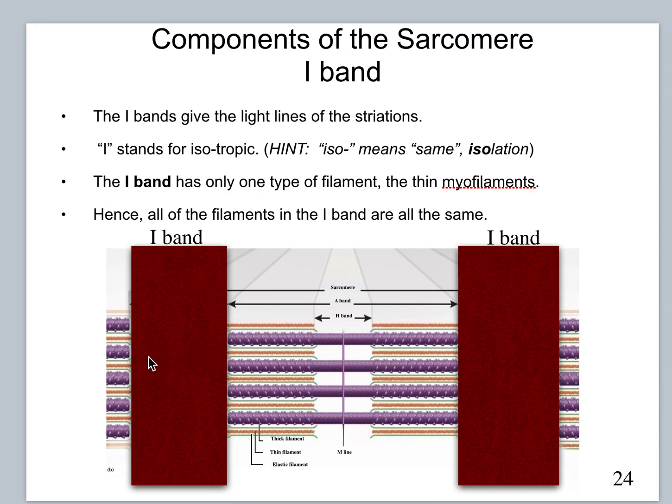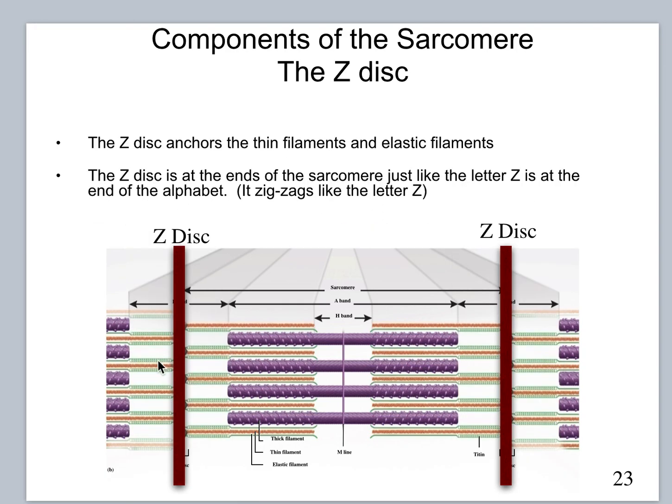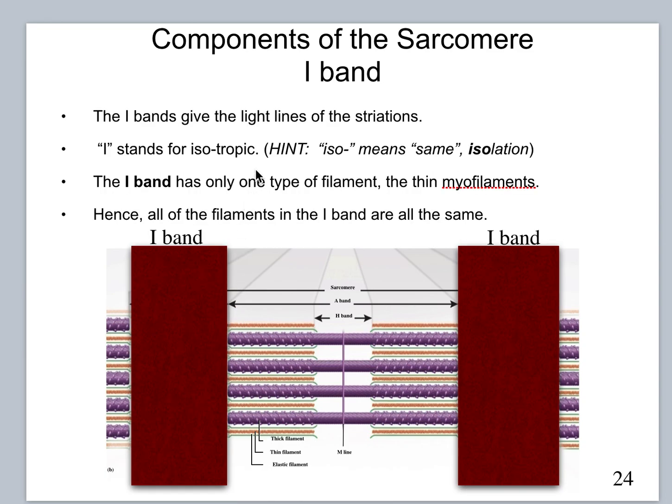Now if we look at this space here between the thick filaments, this is called an I-band. Here's what the I-band looks like with the bar removed. It's this space that's between the thick filaments. The term I stands for isotropic. The prefix iso means the same, like in the word isolation, being alone or isolated.